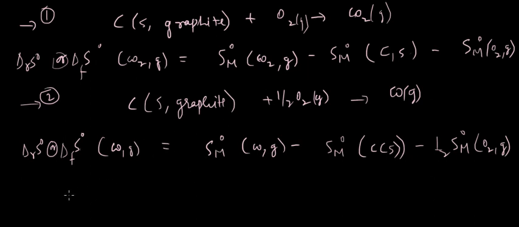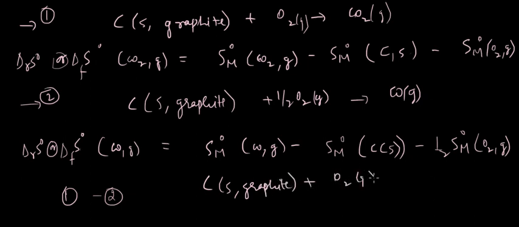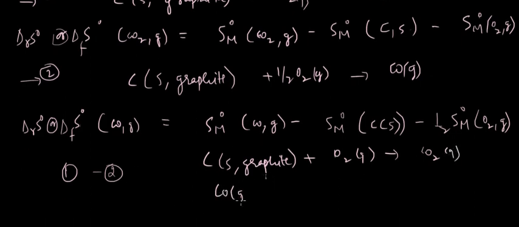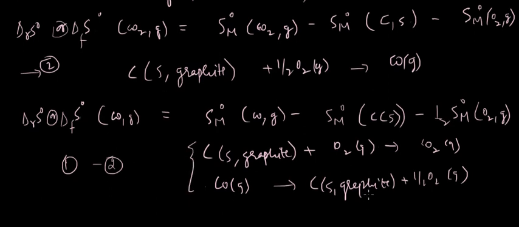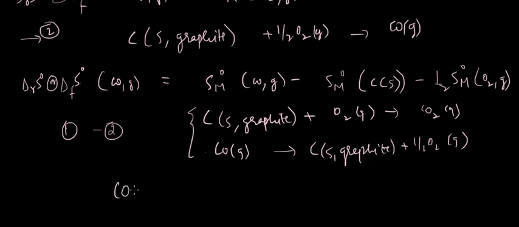Now if we actually look into this, if we subtract the second reaction from the first reaction, or in other words, if I write carbon as graphite plus O2(g) converting to CO2(g), and write the second reaction in inverse, which is CO(g) gives carbon as graphite plus half O2(g), and add them, then we will get the reaction that CO(g) plus half O2(g) gives us CO2(g).